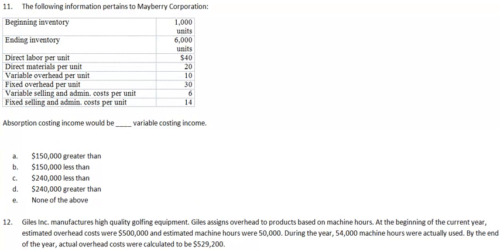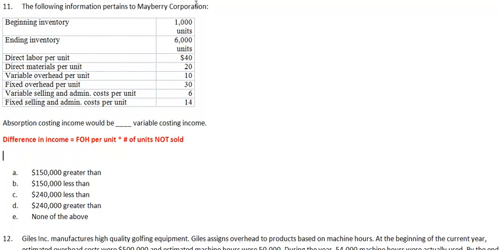Monday in class, we discussed that to find the difference in income with those two methods, you're simply going to take the fixed overhead cost per unit and multiply it by the units that were not sold. So we're going to multiply it by the number of units not sold.